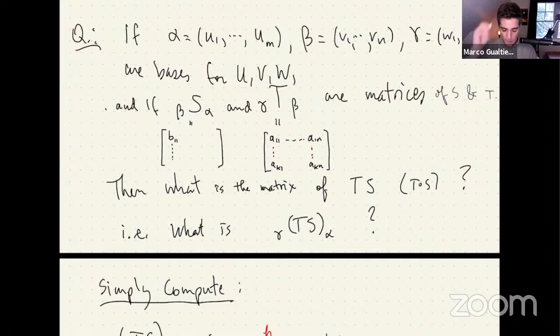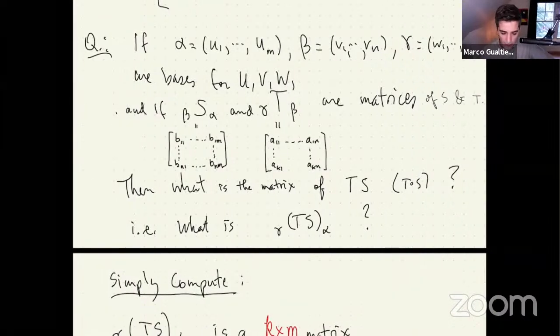And how many rows will there be? It's the length of the basis beta. Beta has n elements, so this will be BN1, and the number of columns is the size of the alpha basis, so that will be M, and that goes down to BNM. You just have to get used to this convention. There's one convention, we just keep using it again and again.